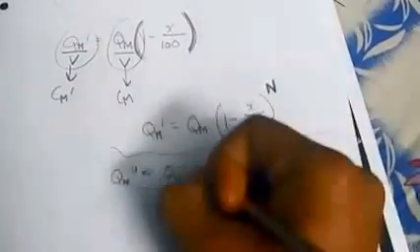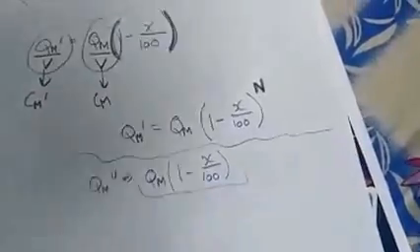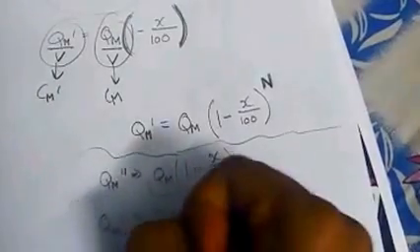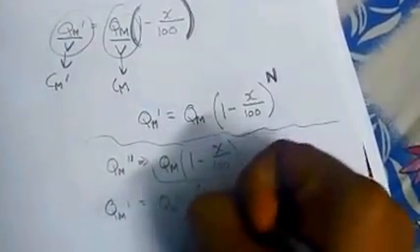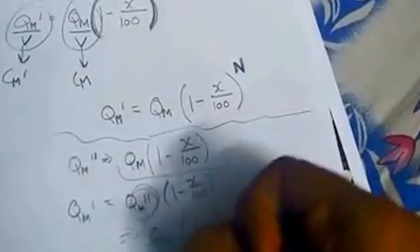This is, after the first event happens, qm into 1 minus x upon 100, right? And now this is your quantity, and again those two events are happening. So qm dash would be equal to qm double dash times 1 minus x by 100, and again this is nothing but qm multiplied by 1 minus x by 100 to the power 2.